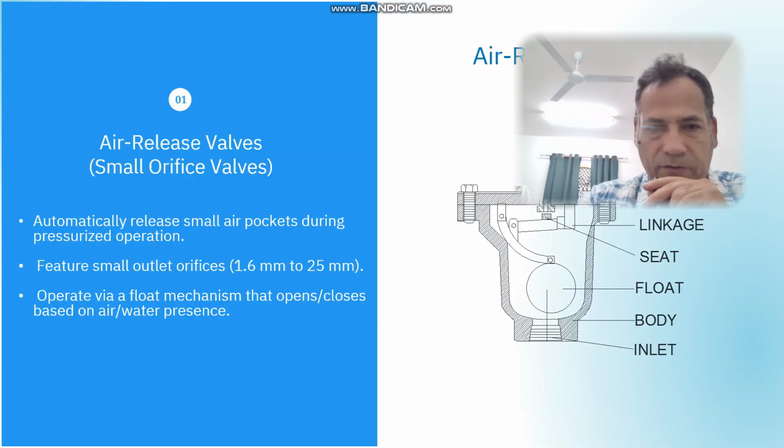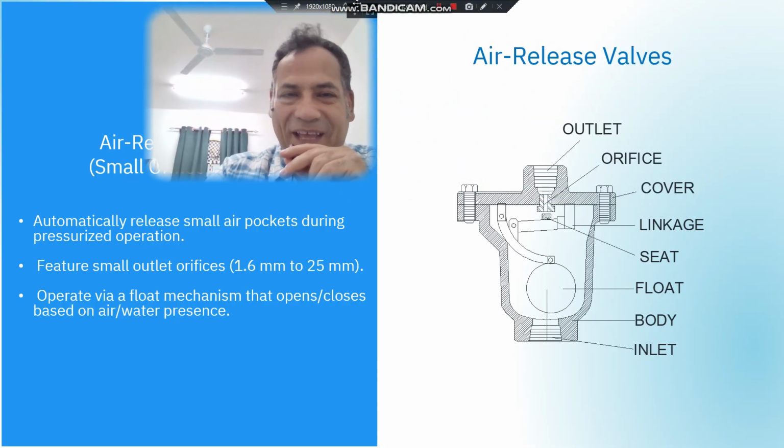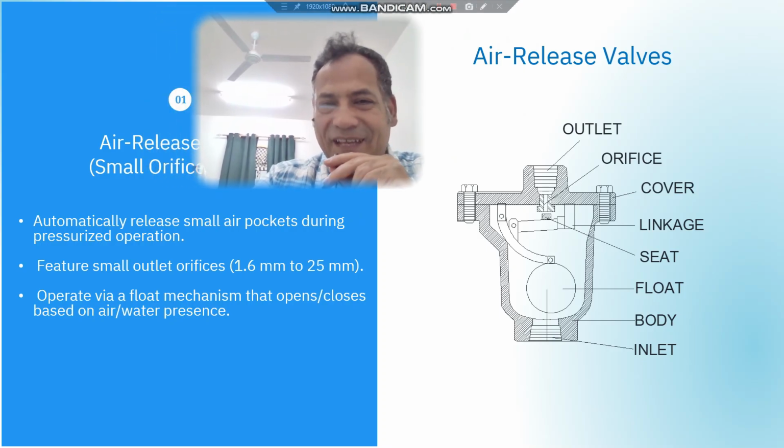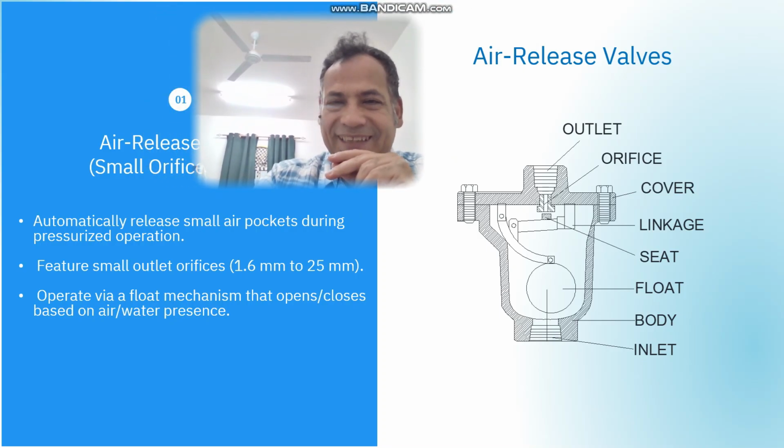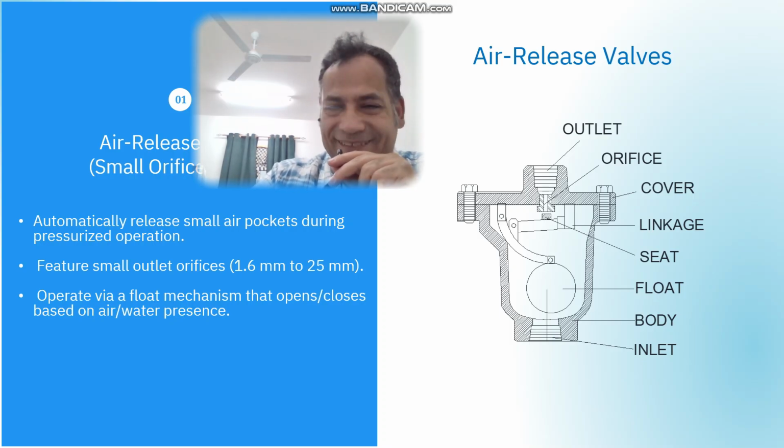Okay, first of all, air release valves. Here you can see in this picture, any air release valve has some components: body, inlet, float, seat, linkage, cover, orifice, which is very important, and outlet.